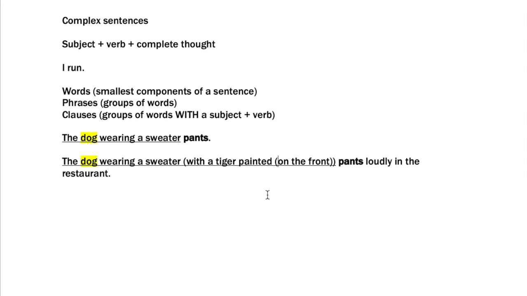If I say which dog, it tells me it's the dog with a tiger painted on the front. So when we're talking about adjectives, adjectives will tell us what kind or which one. Which dog, what kind of dog. If it's telling us about the noun in the sentence, then it's an adjective.